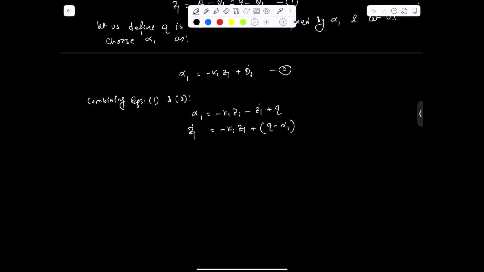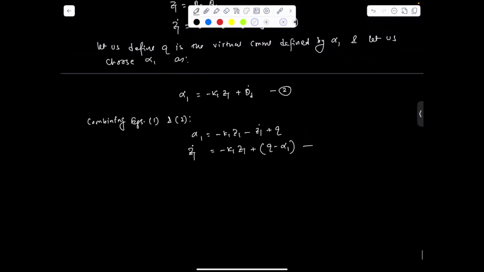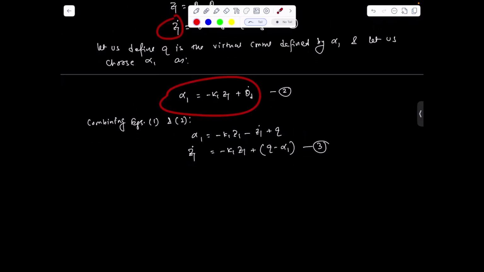Let us define this as equation 3. So you can come up with this z1 dynamics using alpha 1, z1 dot, and also equation 2.